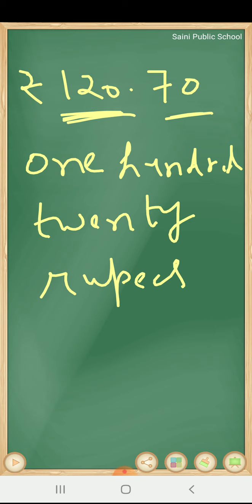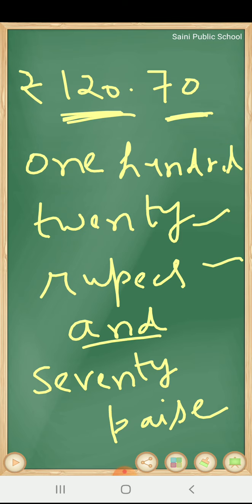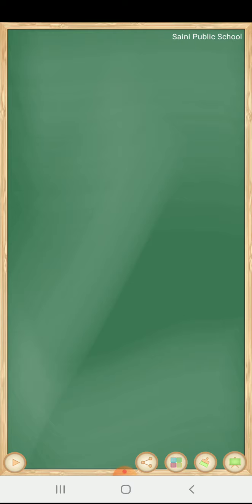Now 'and', and now we will write this number, 70 paise. So 120 rupees and 70 paise. In this way we can write a given amount in words.